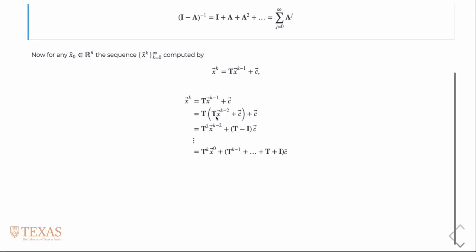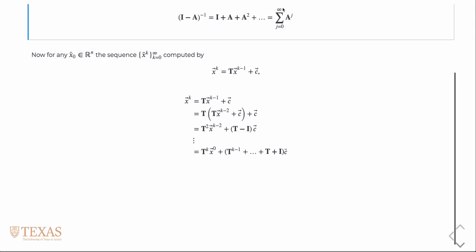Well, it would be T times x to the k minus 2 plus c. That's equal to T squared, and then you have a T plus I over here. And if you continue to do this, ultimately, for the last iteration, you're going to get T to the k plus this thing over here, which we'll notice looks like what we have up here.